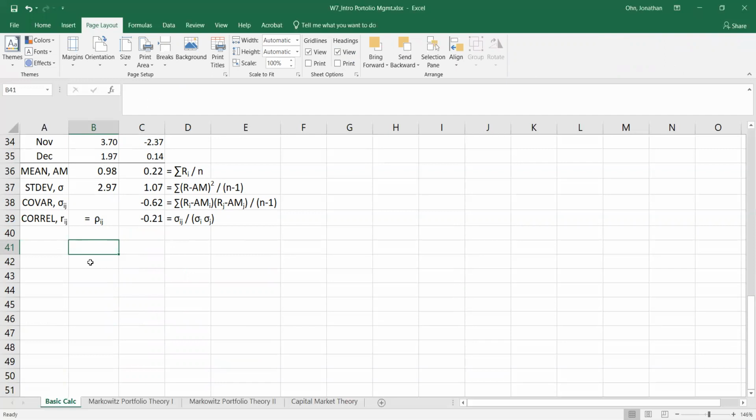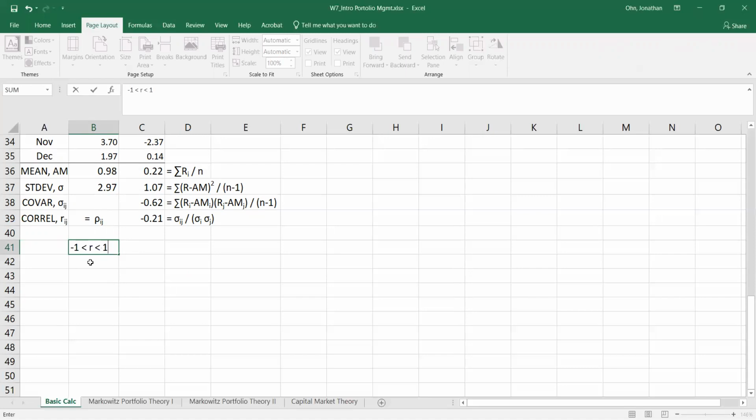An important property of R is that it is between -1 and 1.